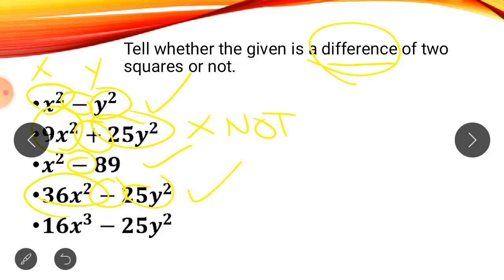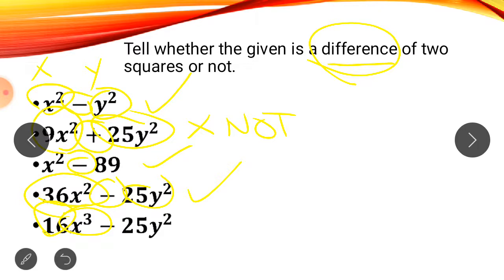And the last one, we have 16x cubed minus 25y squared. So 16 has a square root of 4. How about x cubed? Okay, so x cubed does not have a square root. The rule for variables is that if the exponent is an odd number, that is not a perfect square, it doesn't have a square root.